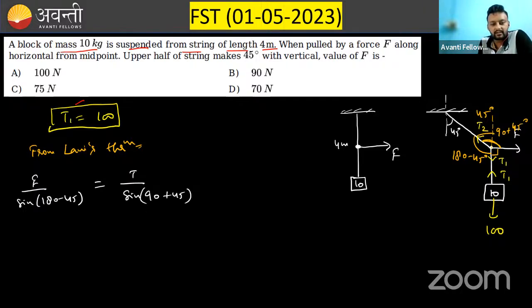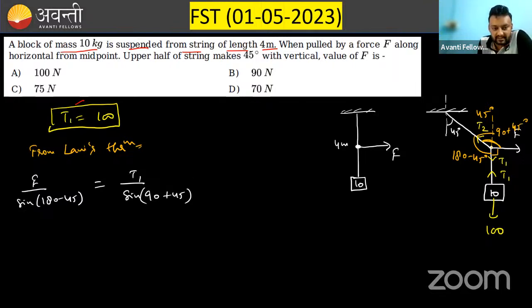Now similarly you can write for T2 as well, but T2 is not required in this question, so I am not writing it. It would become T2 over sine 90, and we are not required to calculate T2. That's why I am not dealing with that.